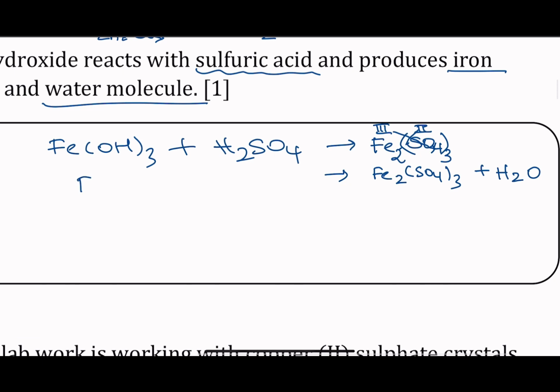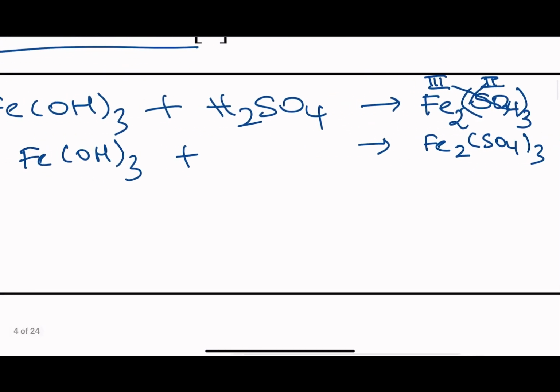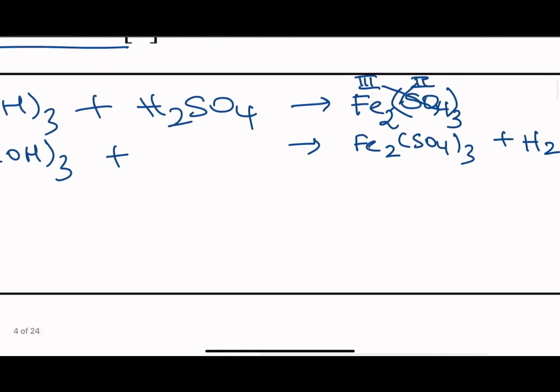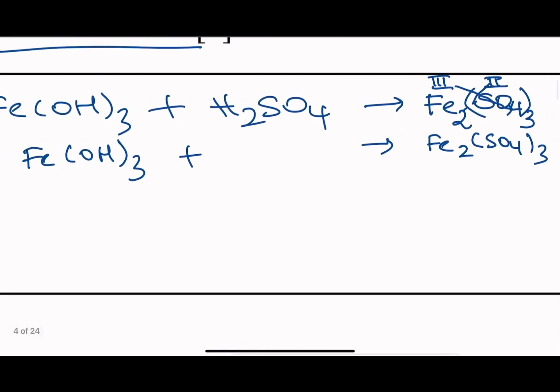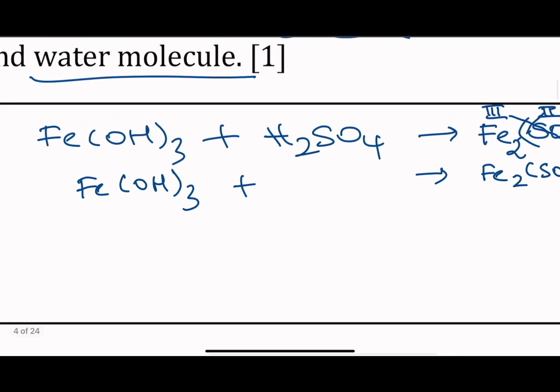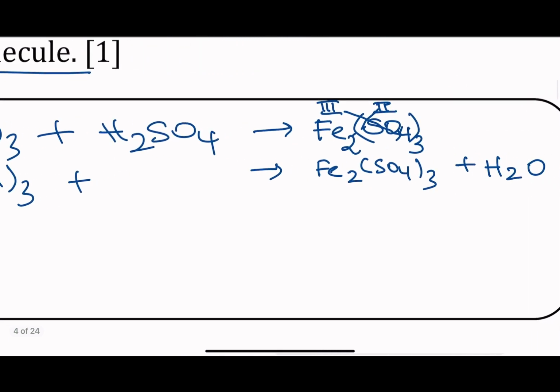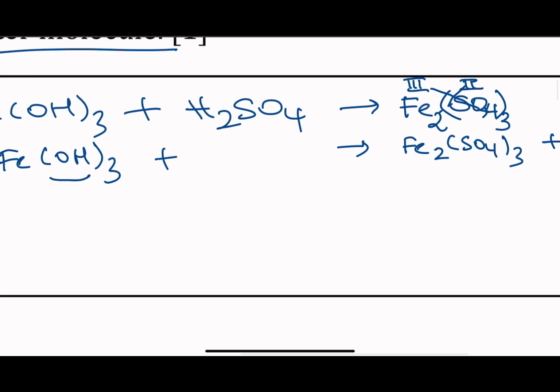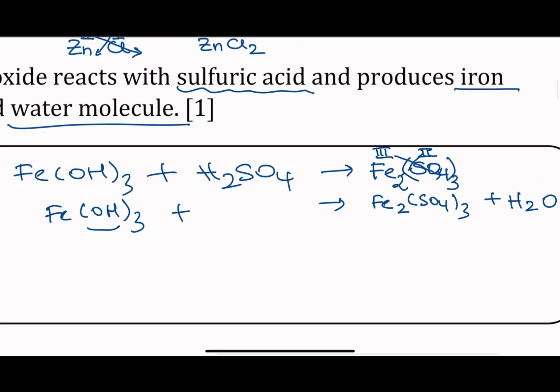And let's say you didn't know what is sulfuric acid, right? So you can see from here, this is a double displacement reaction. How? I can tell you. So you see this OH in here, and if it is an acid, it comes with hydrogen ion.